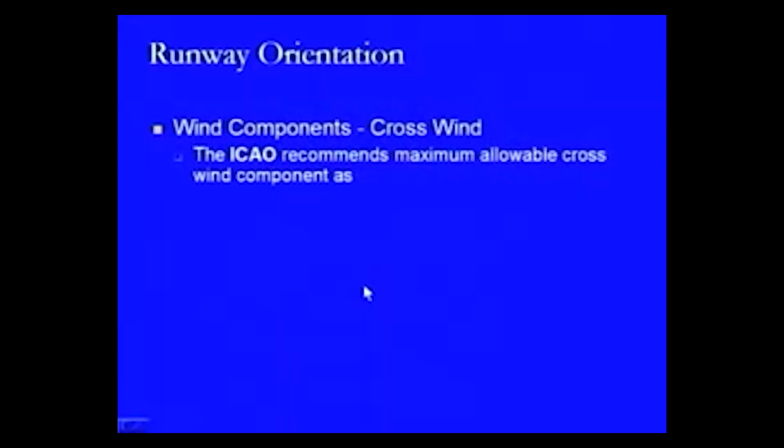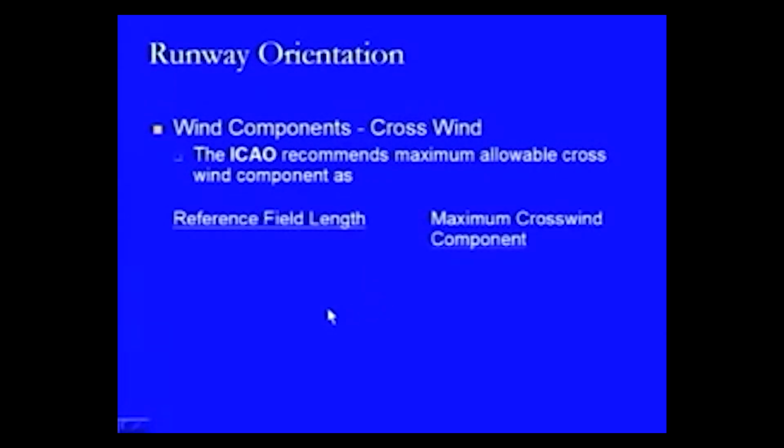hour. Another thing related to crosswind is the ICAO recommendation, which has a maximum allowable crosswind component as defined for the different reference field lengths, and on the basis of that, if the value of the reference field length is 1500 meters or over, then the maximum crosswind component can be 37 kilometers per hour.